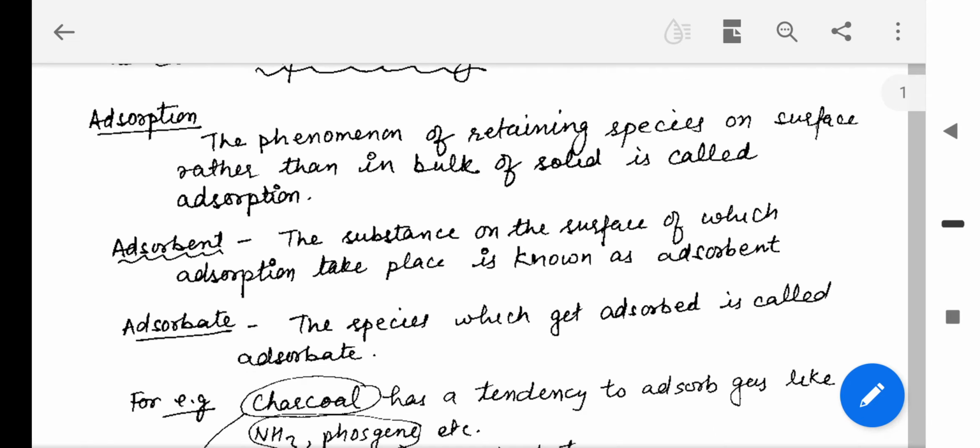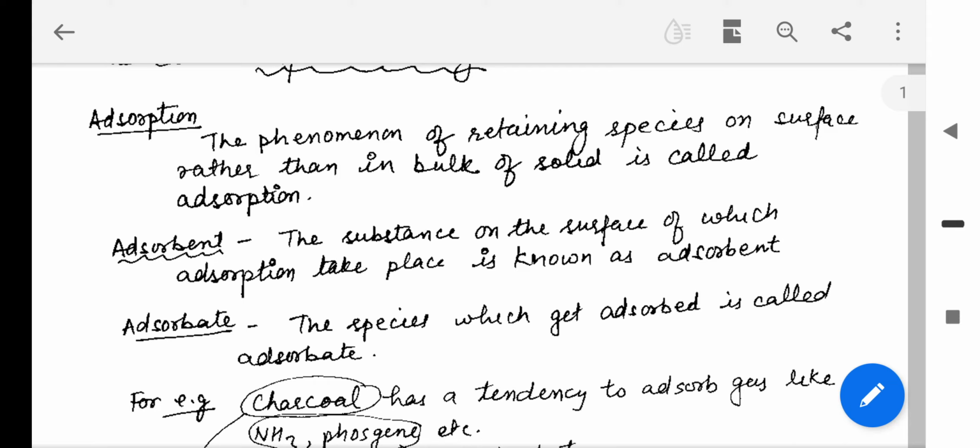Now there are certain processes in which molecules get accumulated at the surface, and molecules also enter inside the bulk of the solid. So in these examples, absorption as well as adsorption simultaneously take place. I'll give you one example. If you roll a piece of chalk on ink, now what happens?